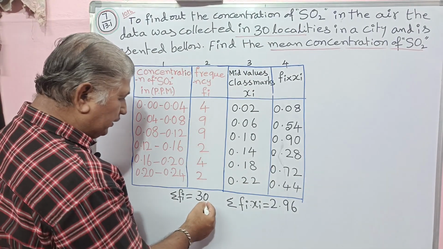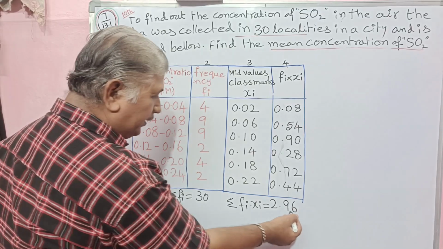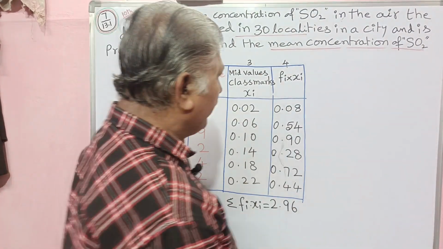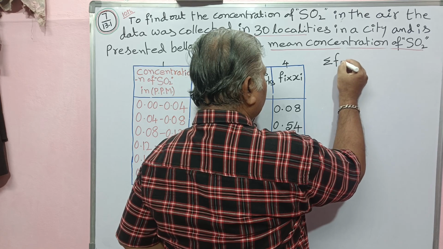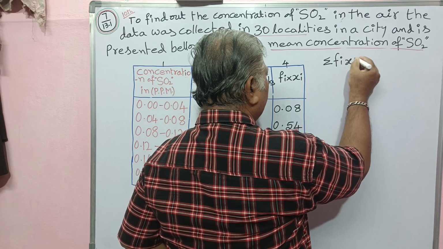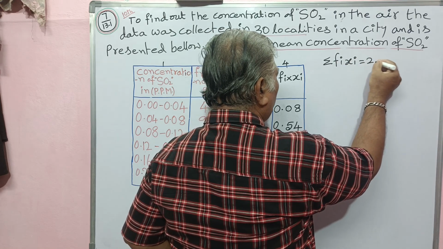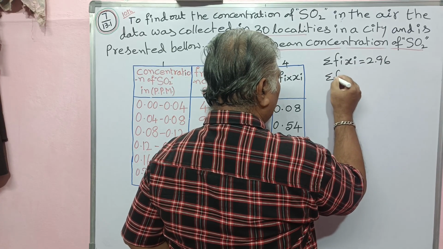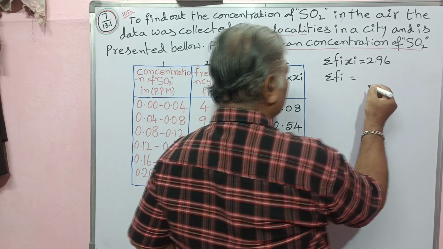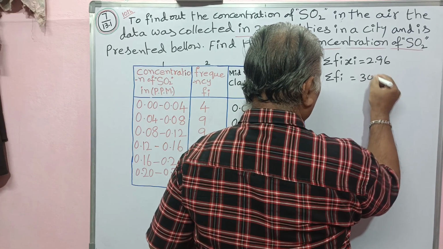So sigma fi is equal to 30. Sigma fi xi is equal to 2.96.